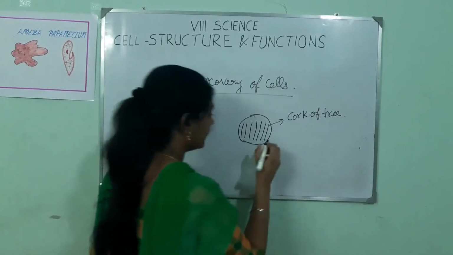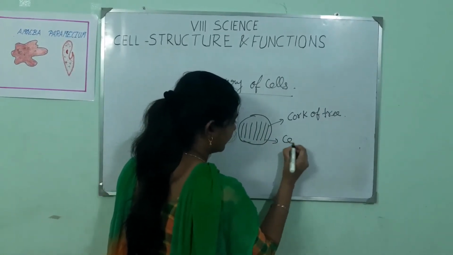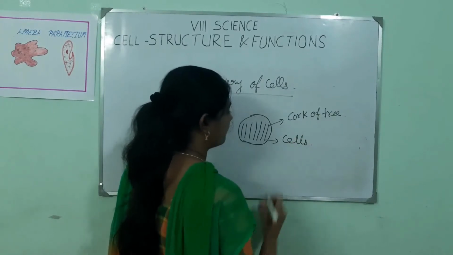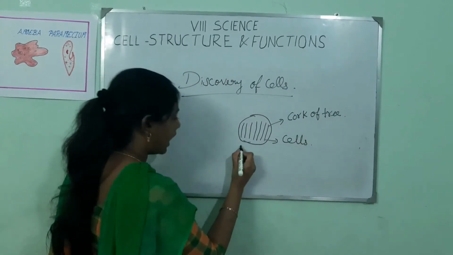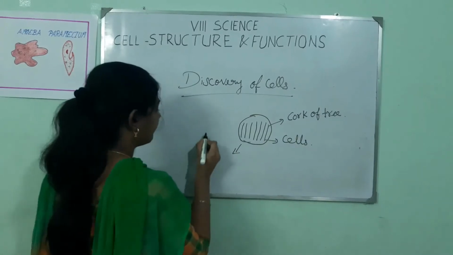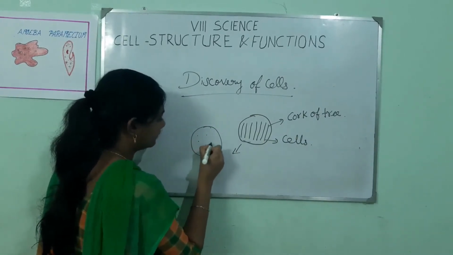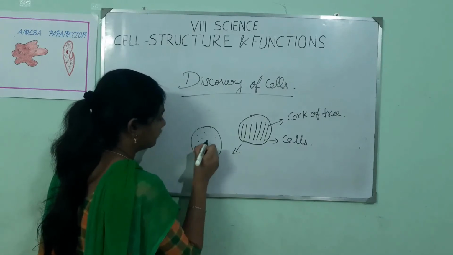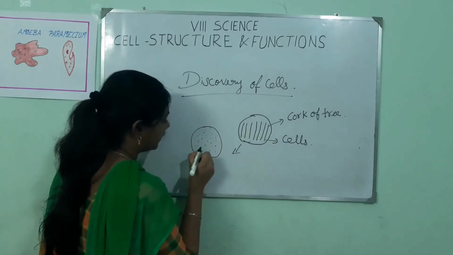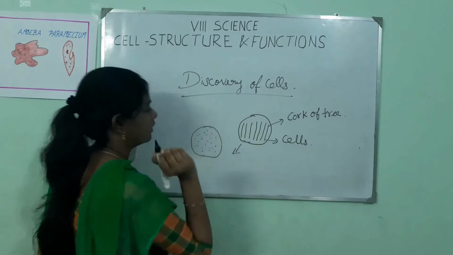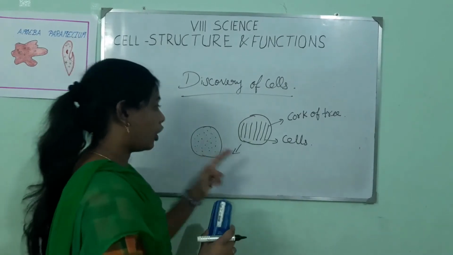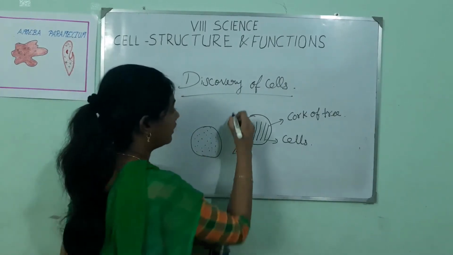He named these slices as cells. In the same way, in our human body, inside the tissue, we have cells which are partitioned between them. But Robert Hooke's observation was of dead cells.